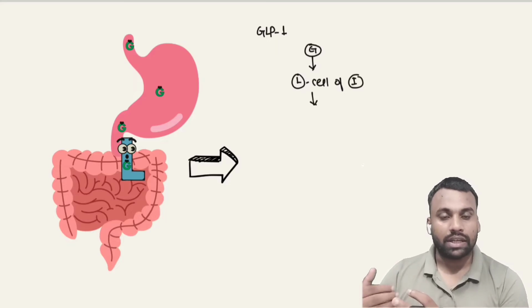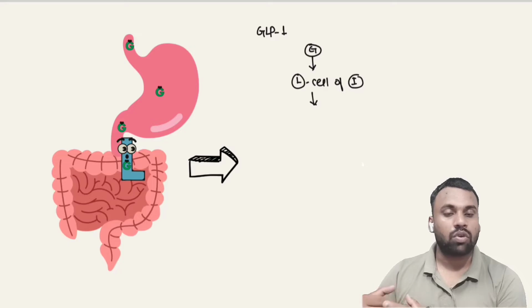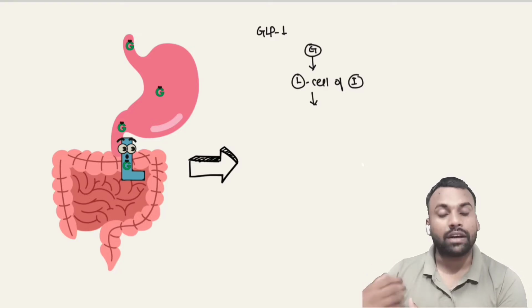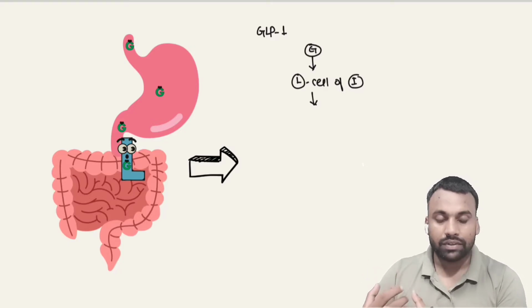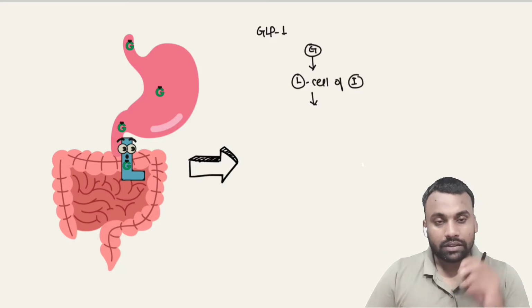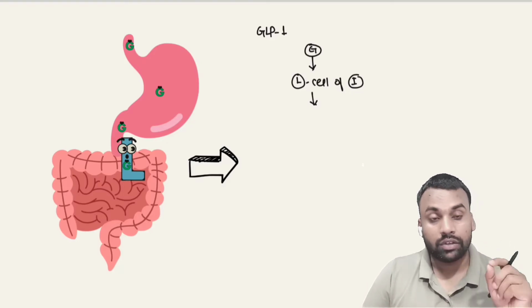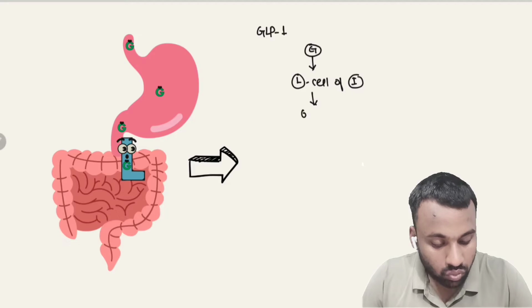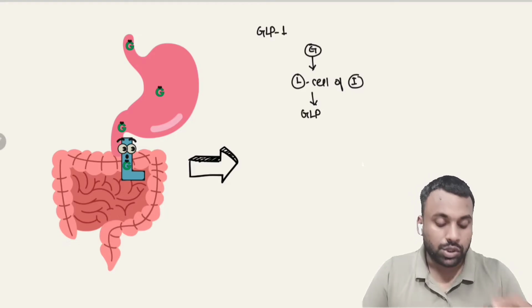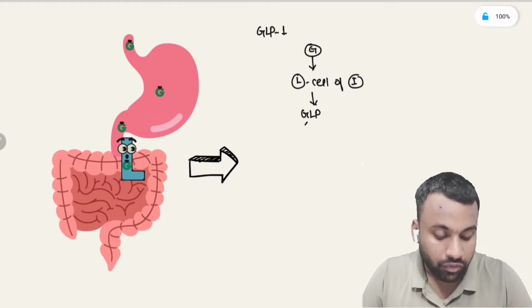It means insulin is released due to the induction from the glucose. When glucose induces the L cell, it releases GLP.